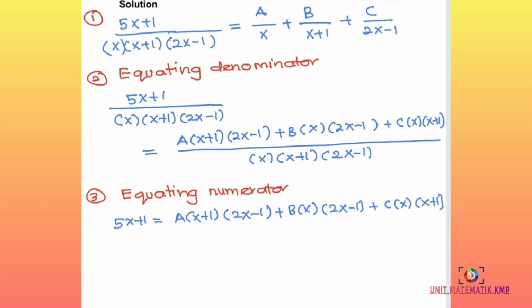We proceed by substituting values to find the values of A, B and C. Firstly, to make a term 0, we can substitute x with negative 1, because negative 1 plus 1 is 0.